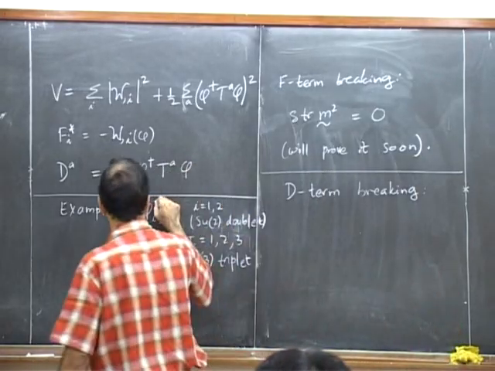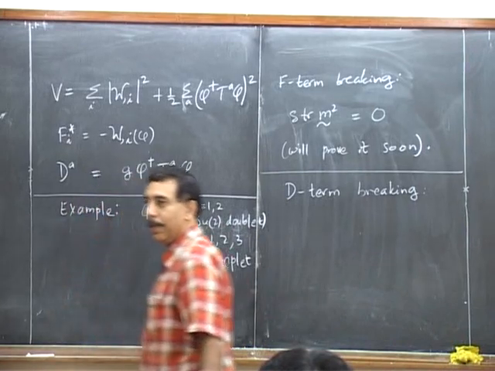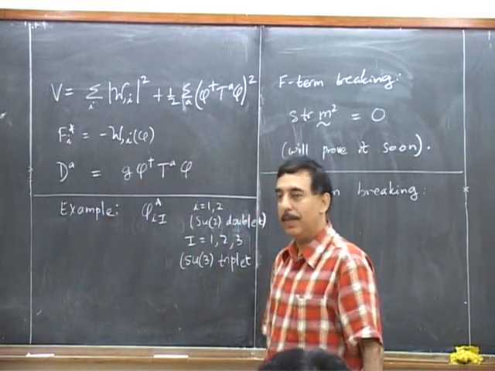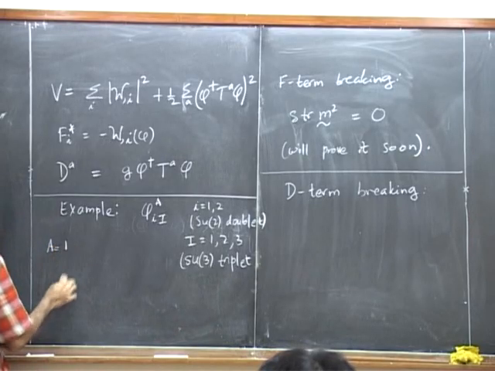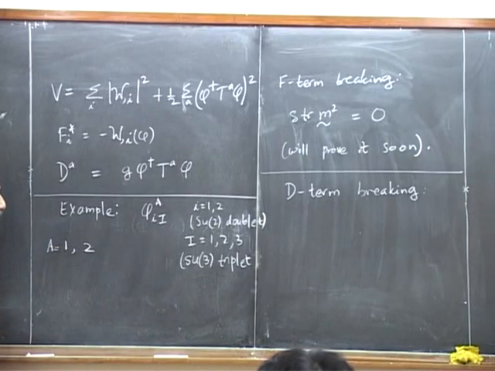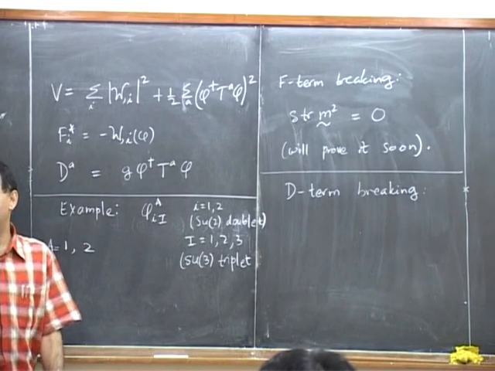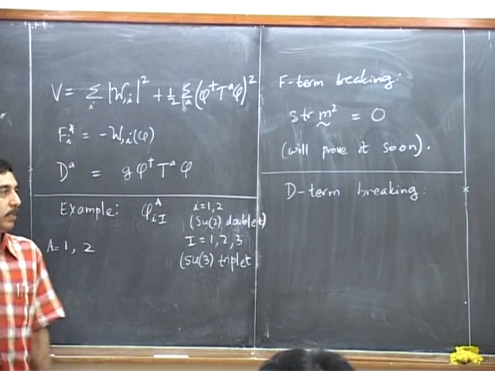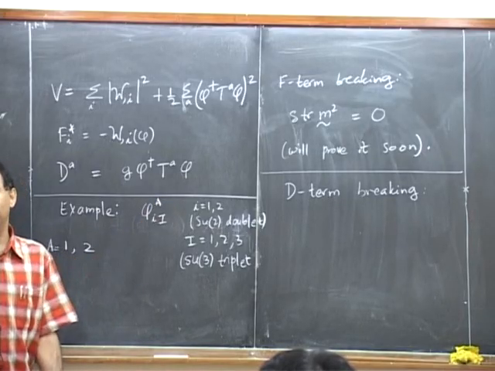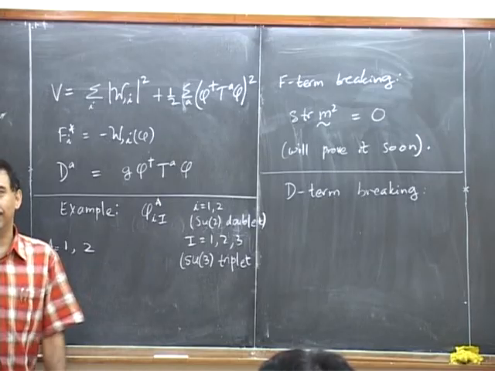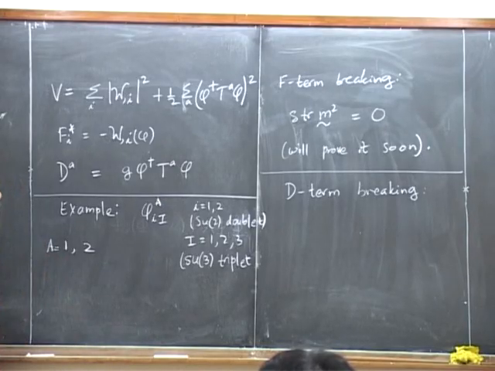Let's have two types of doublet triplet fields, and for A equals 1, 2, A is an additional index, which is a flavor index if you like. And let's do something which is not done in the standard model, which is to give different hypercharge assignments for the two different flavors. So we haven't written the model, we can do whatever we like.